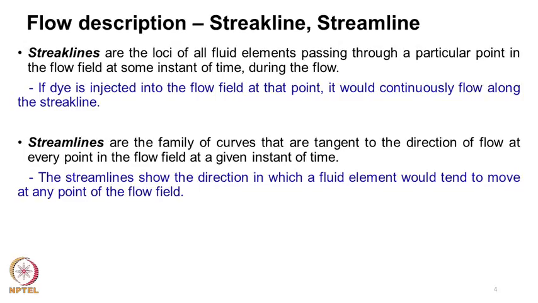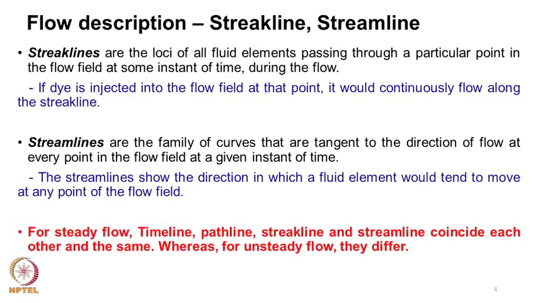Streamlines, so this is a standard definition which all of you know: a family of curves which are tangent to the direction of the flow at every point at a given instant. So, if you draw a tangent to a streamline, then you get the velocity vector at that particular instant. Your streamlines show the direction in which the fluid element would tend to move at any point of the flow field.